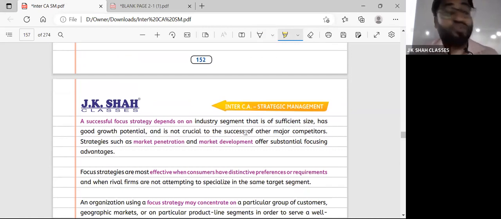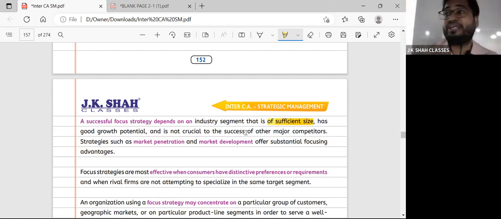A successful focus strategy depends on an industry segment that is of sufficient size. You can think of a local burger vendor, a local pizza vendor. They have no branches, but they are able to run a successful business in that small locality also. Why? Because they are focused on selling only to a few customers.